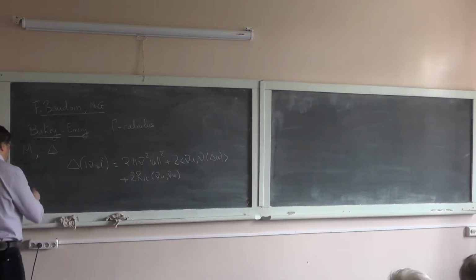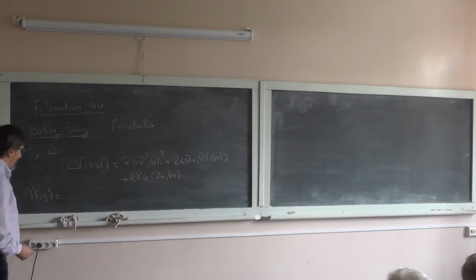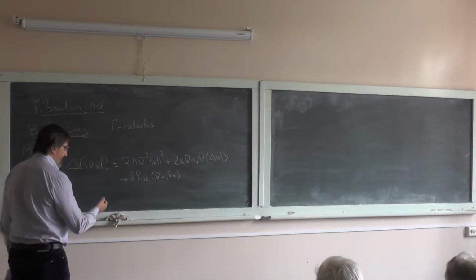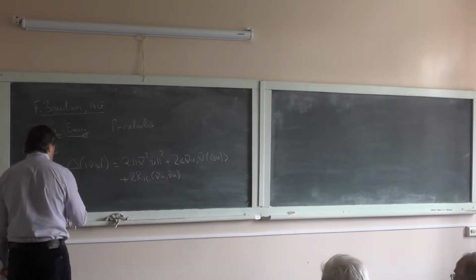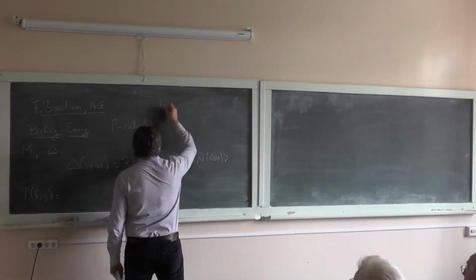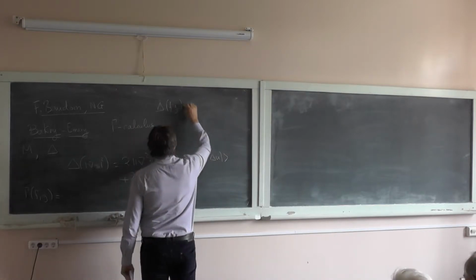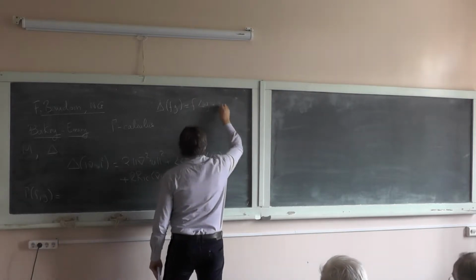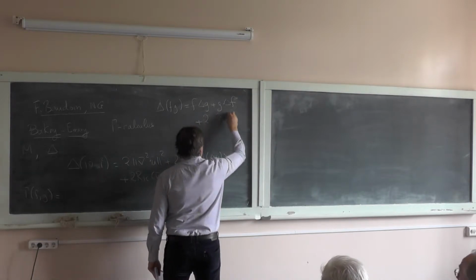So first of all, we introduce this object here, gamma of f and g, which, as you will see, in the Riemannian case is just the inner product of the gradient of f with the gradient of g. So let's look at the formula: the Laplacian of f times g is f Laplacian g plus g Laplacian f plus twice gradient f gradient g.